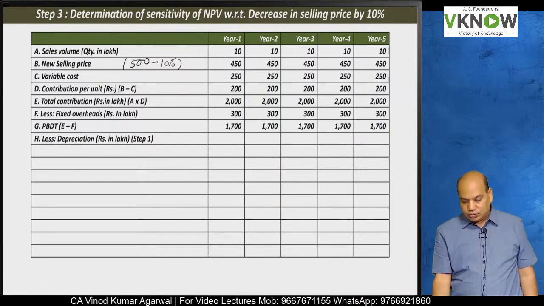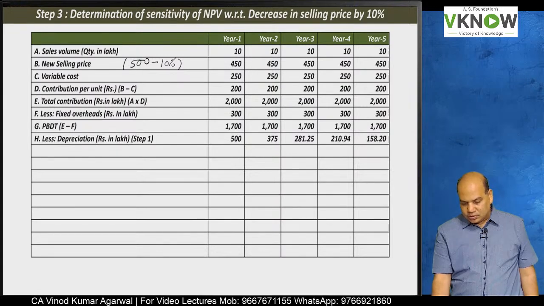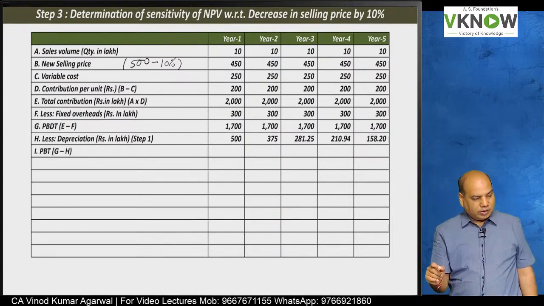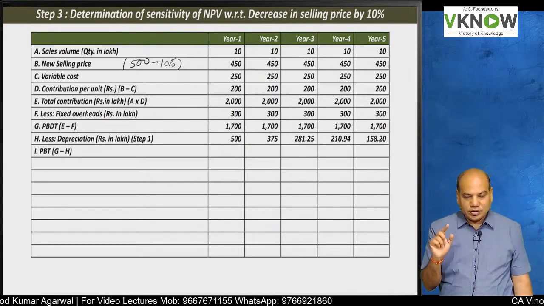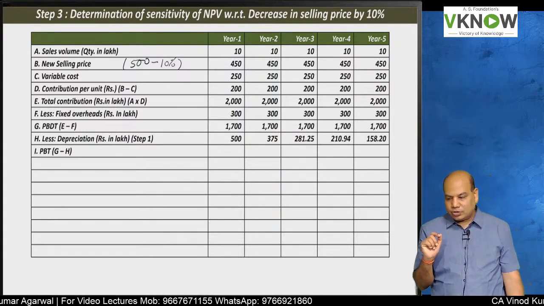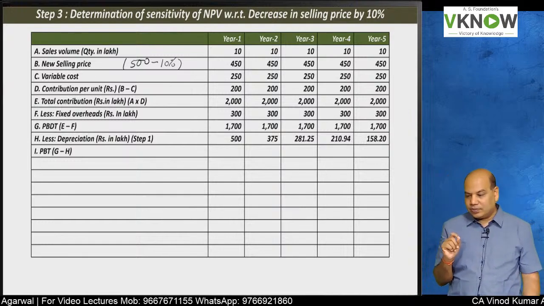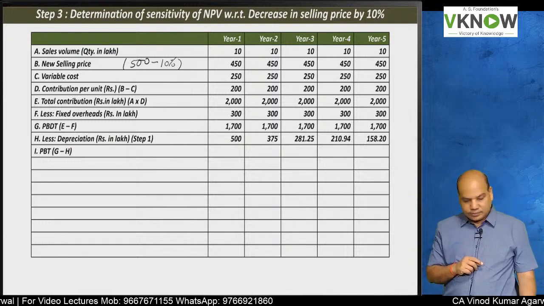We will continue with the same, because in this problem the plant and machinery cost has not changed. In the next answer it will change, so that will change my depreciation.